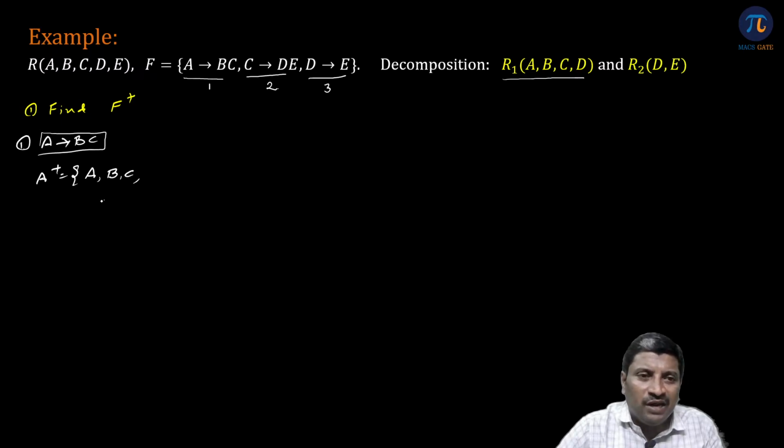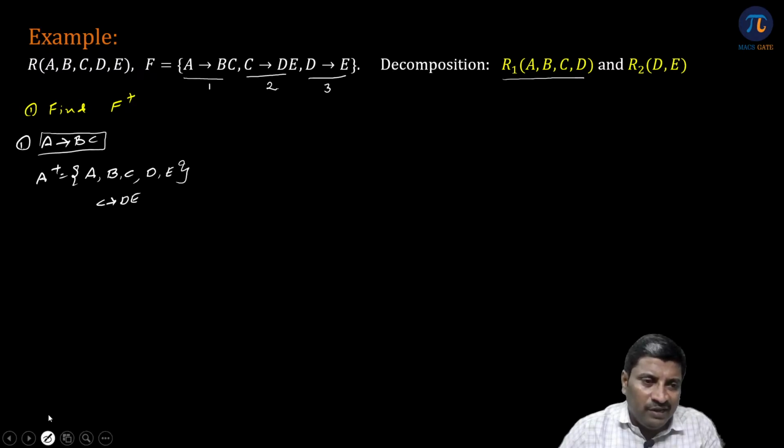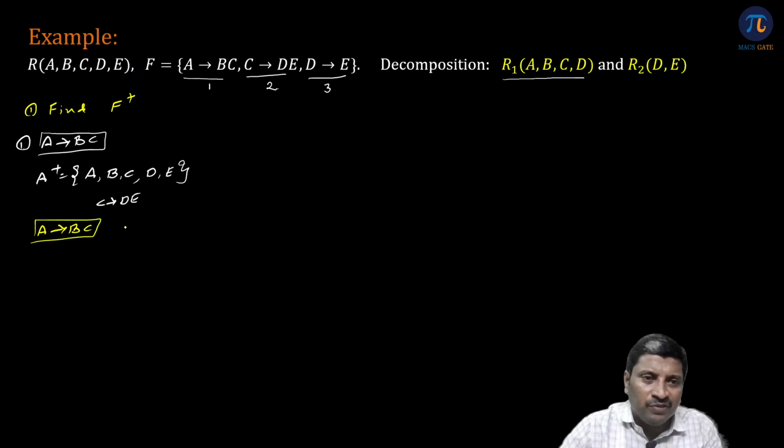Yes, I have C implies D, E, so I can get D, E. That means the valid FDs with A are A implies BC, which is given, A implies D, this we got, and A implies E. Right?